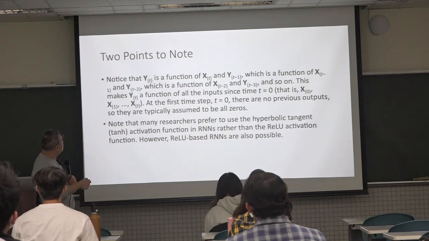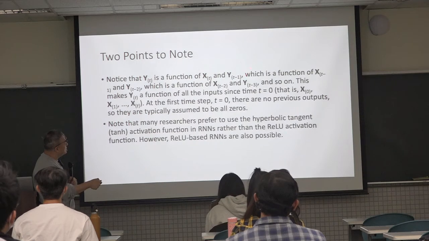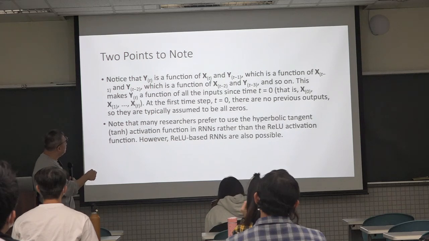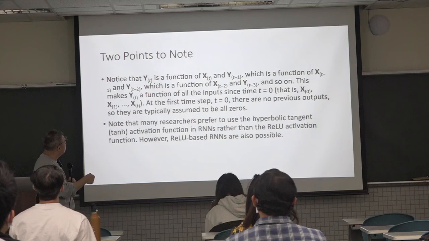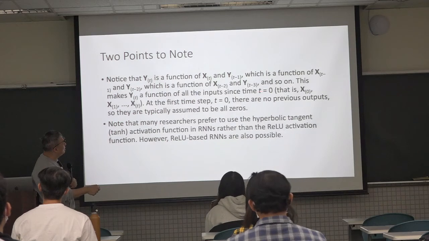So two points to note. yt is a function of xt and yt minus 1, and this yt minus 1 again is a function of xt minus 1 and yt minus 2, and so on. So you can consider yt to be a function of xt, xt minus 1, xt minus 2, xt minus 3, and so on, up to x0.